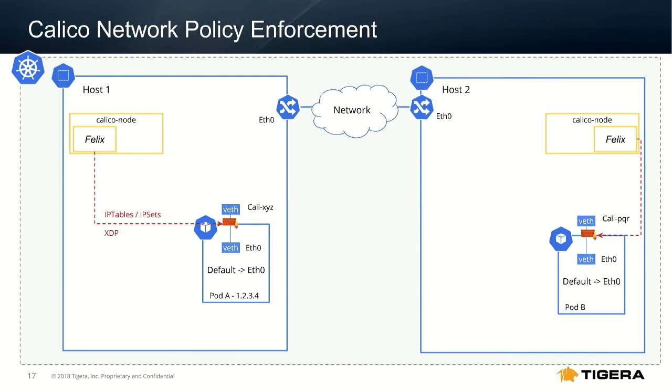For this purpose, Calico leverages the Calico node agent to create this declarative policy, but instantiate it using whatever mechanism, whether it's iptables and IP sets, or XDP at a lower layer in the Linux kernel stack, to dynamically create rules for isolation at the point in which the pod connects into the host. So you're already isolating the pod even before it connects to the host.